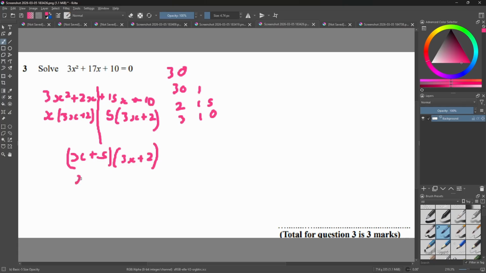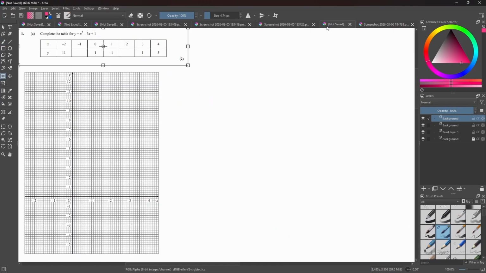So we have x equals minus 5, x equals minus 2 over 3, which equals minus 0.6 recurring. So we have this done, minus 5 minus 0.6 recurring, which is probably easier to leave in minus 2 over 3. It does not matter.